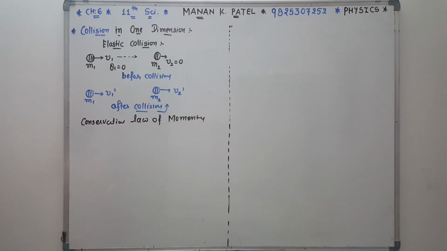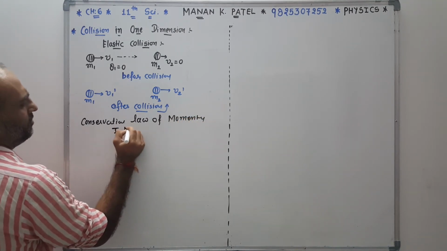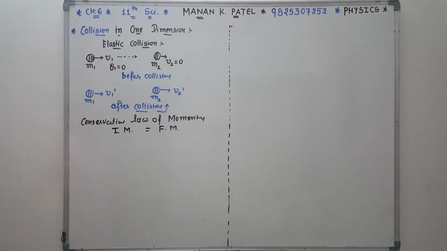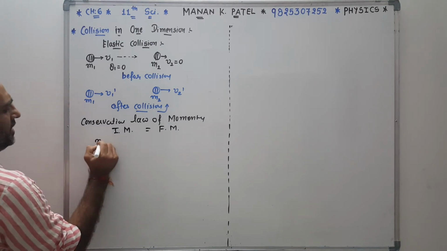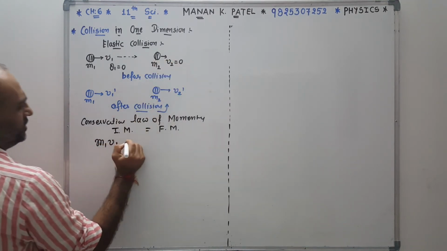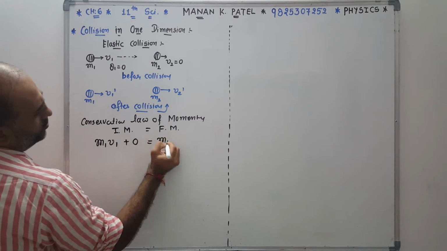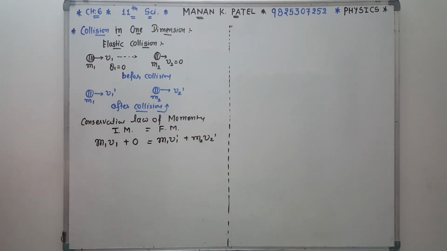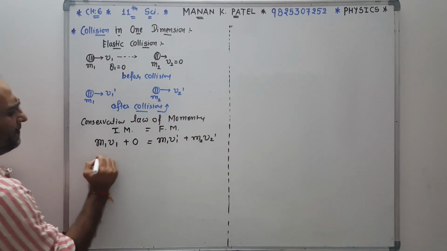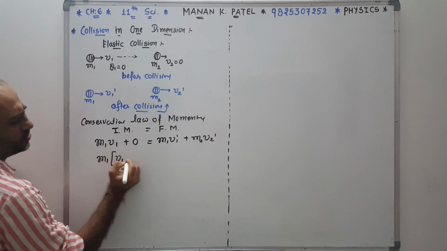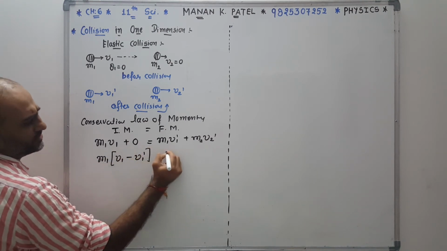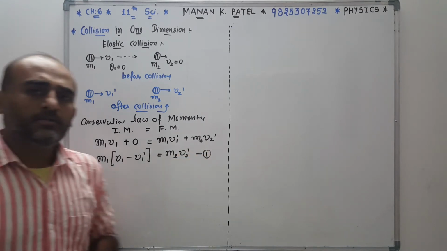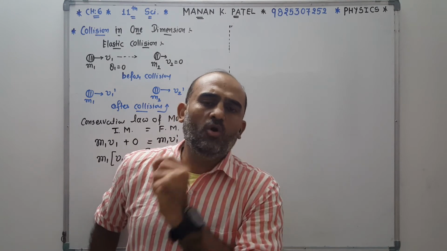What is the conservation law of momentum? Initial momentum equals final momentum. The initial momentum is m1 v1, because v2 is 0, plus 0, equal to m1 v1 dash plus m2 v2 dash. Now m1 is common here, so m1 (v1 minus v1 dash) equals m2 v2 dash. Equation number 1. That is the use of conservation law of momentum.